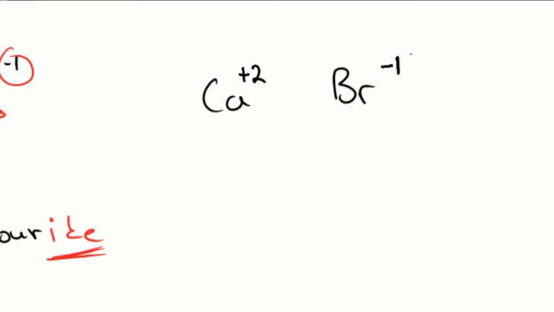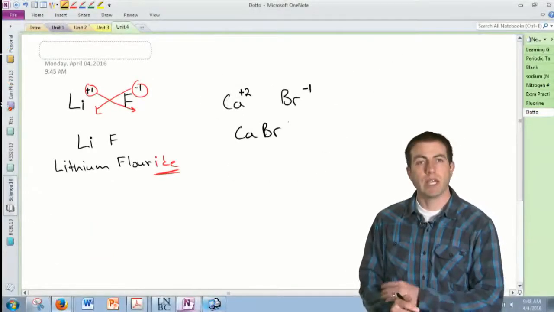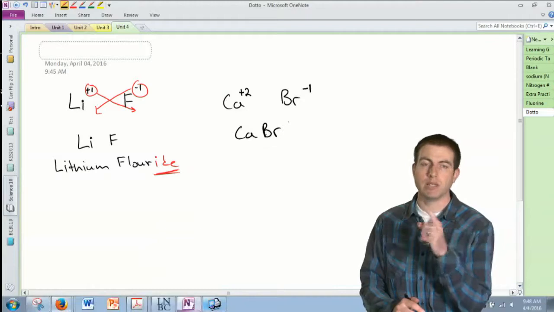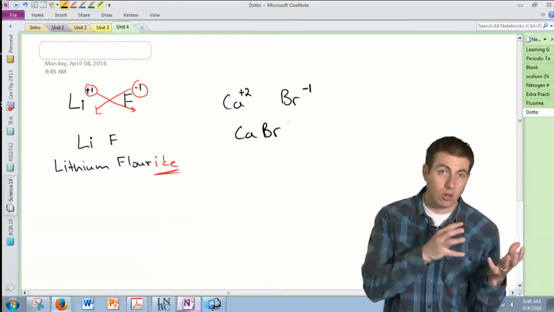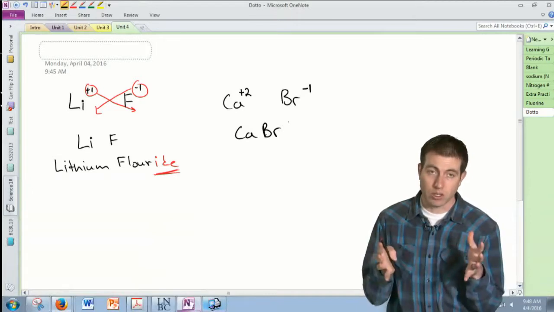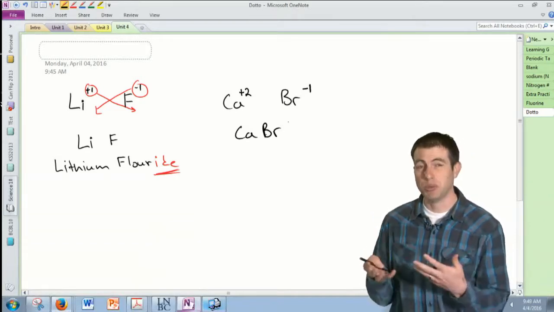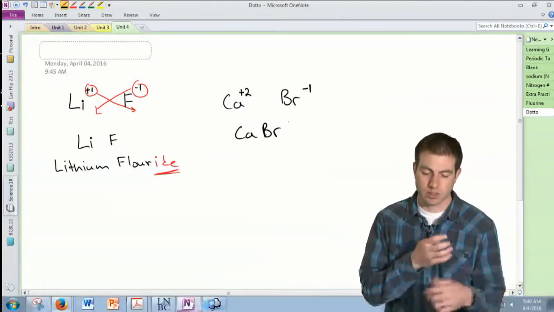Now, I'm going to rewrite both of these, Ca and Br, and put them next to each other because they're going to form a compound. Two ways to think about it. I have to have my charges balance out. Calcium has a charge of +2, bromine has a charge of -1. How many bromines am I going to need to balance out the calcium? I'm going to need 2 bromines to balance out the 1 calcium.